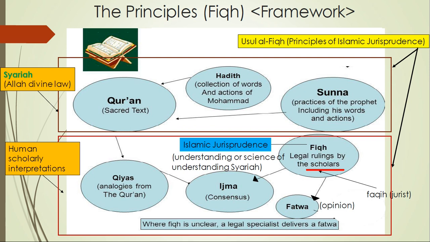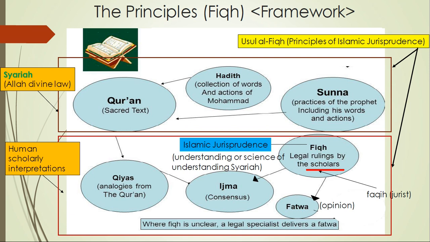And then we have the ijma, the consensus of scholars with respect to certain issues at hand. Maybe the issue is not clear, therefore we need to have consensus.